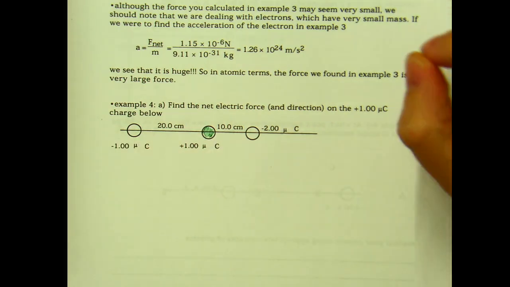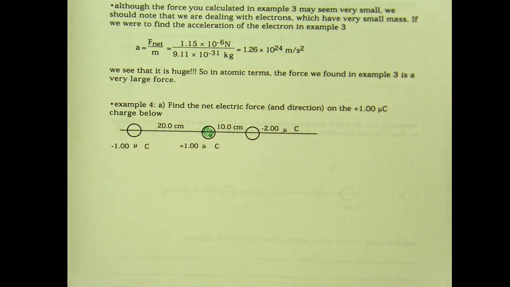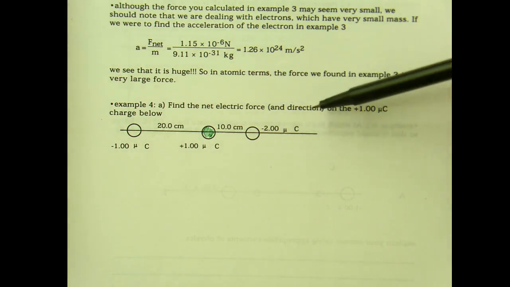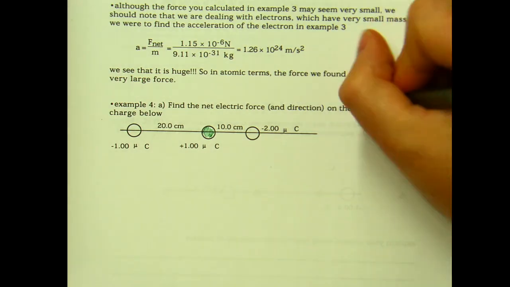This type of question is exactly the same as the gravity questions we were looking at. The only thing we have to be careful with is we've got to make sure we know what direction the forces are actually going in, because now they're not just attractive, they can also be repulsive. So we want to find the net electric force and direction on the 1 microcoulomb.